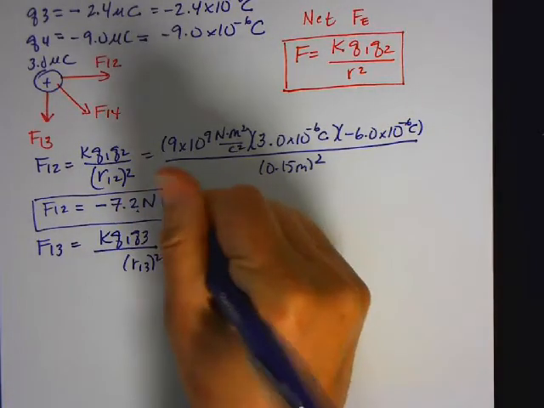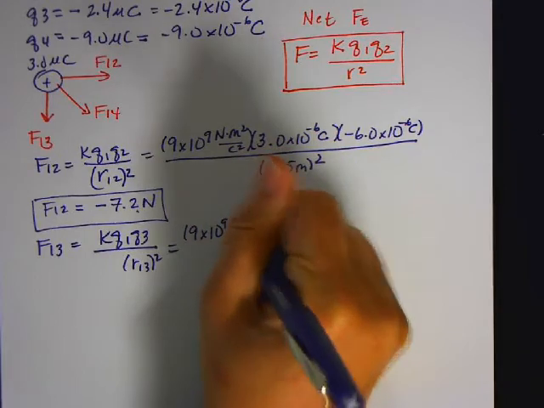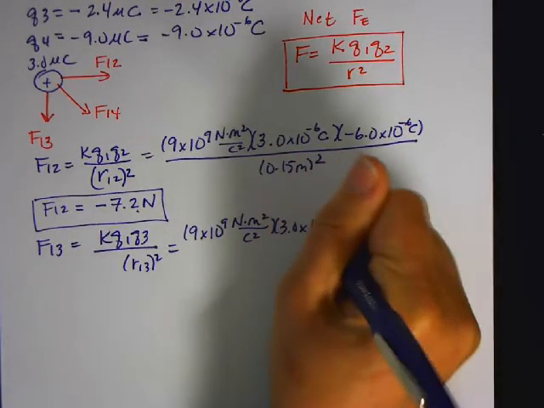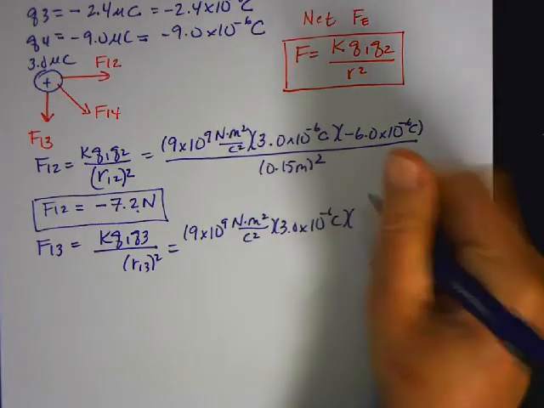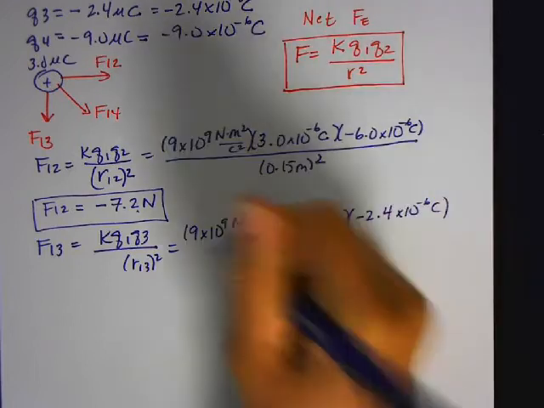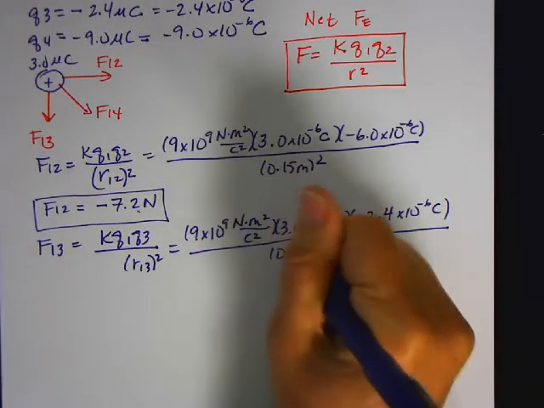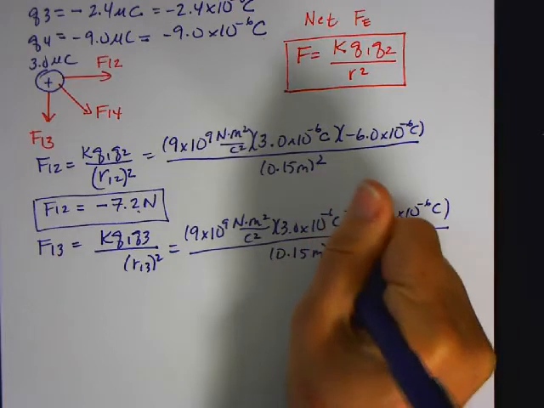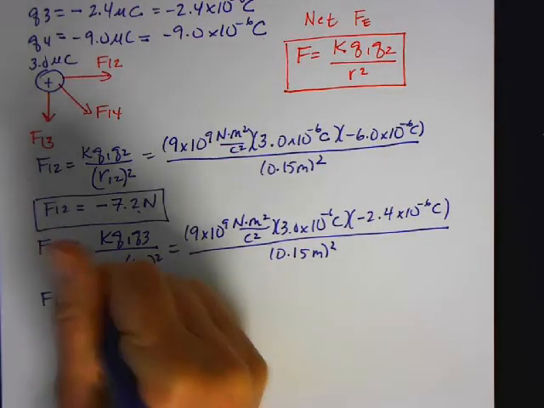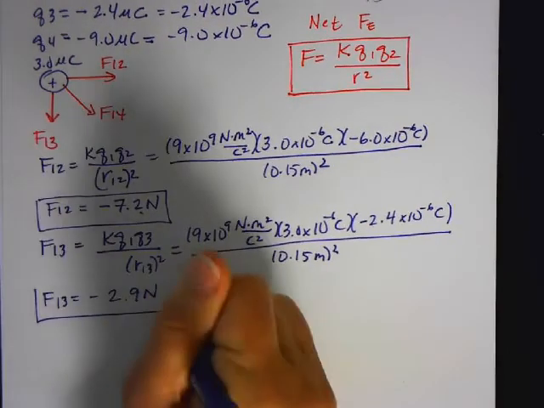So that's going to be 9 times 10 to the 9 newton meter squared per coulomb squared, times 3 times 10 to the negative 6 times negative 2.4 times 10 to the negative 6 coulombs, divided by, and the distance between those two charges is 0.15 meters squared. When I do all that on my calculator, F13 comes out to be negative 2.9 newtons.